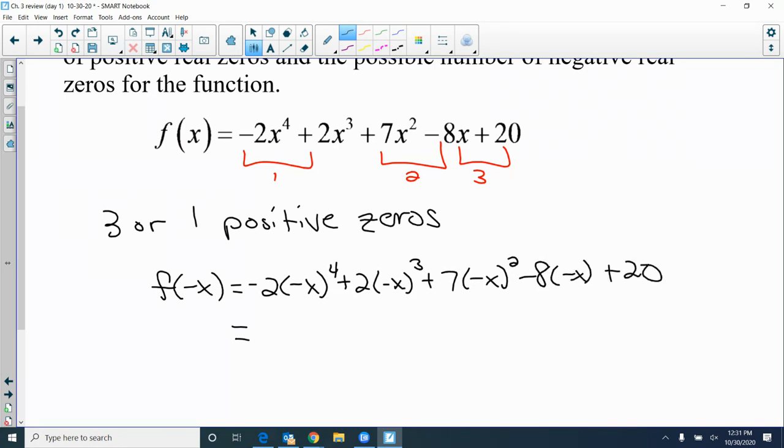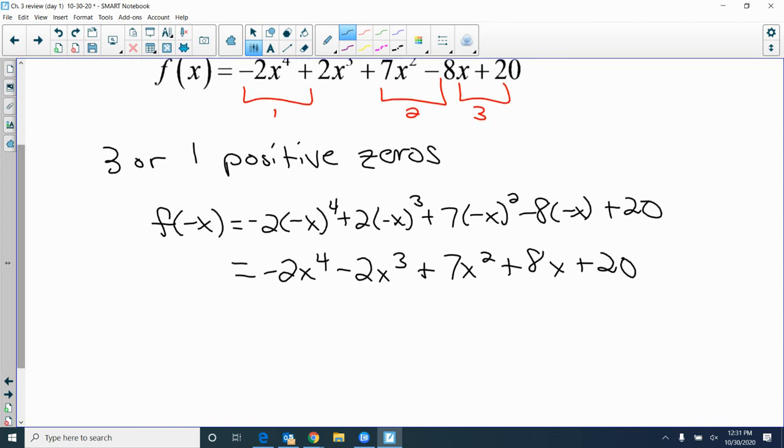And so this will stay, negative 2x to the fourth will stay negative. 2x cubed will flip to negative 2x cubed. Positive 7x squared will remain the same. Minus 8x will flip to positive 8x, and then the plus 20 will not be affected.